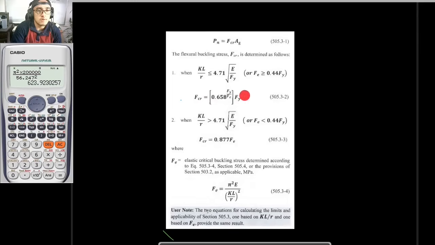Para malaman natin kung anong formula ang gagamitin, we must compare our slenderness ratio to this value right here, which is 4.71 times the square root of E over Fy. If it is less than or equal to that value, you would be using this formula. And if it is greater than this value, you would be using this formula.